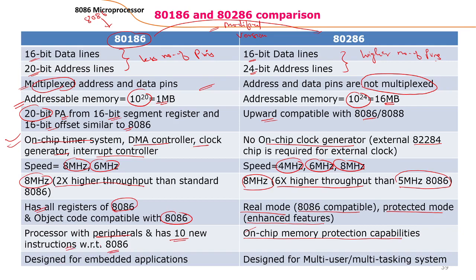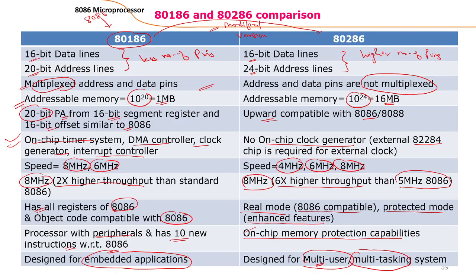Basically, it is used for embedded related applications. But the 80286 is designed for working as a multi-user or multitasking system. For multitasking and multi-user systems, 80286 is basically used.